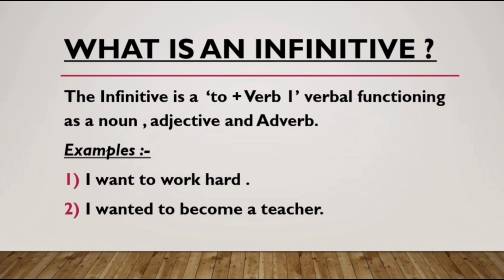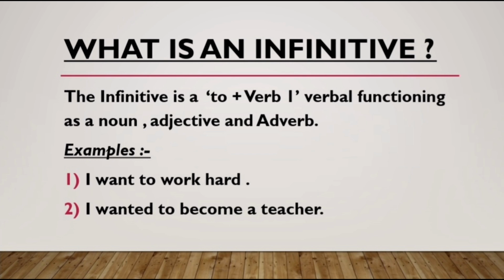You add to plus that form of verb and it is a kind of verbal, it looks like a verb but it functions as a noun, adjective and an adverb. So basically, an infinitive is a non finite verb and its verbal structure is to plus verb's first form and it functions as a noun, adjective, and adverb.